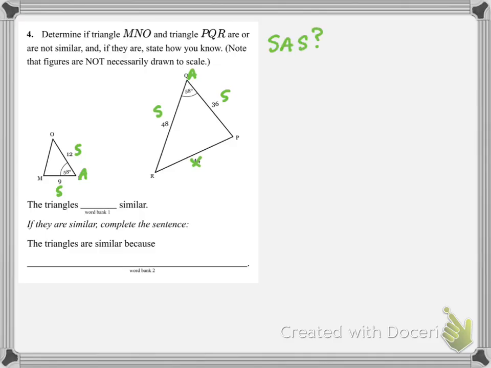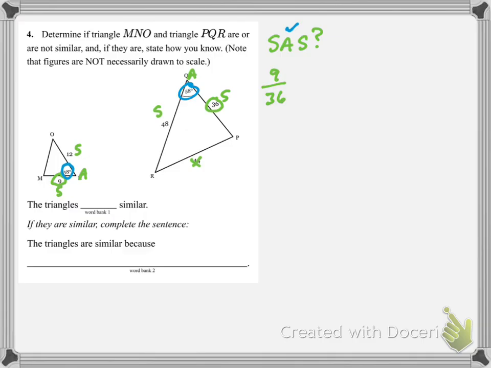Let's find out. I take the smallest side and match it up with the smallest side. So I have 9 over 36. Now let's look at the angle. I got a 58 and a 58.